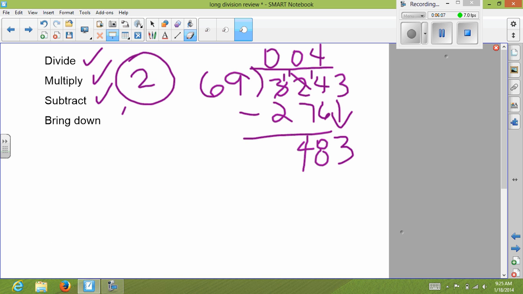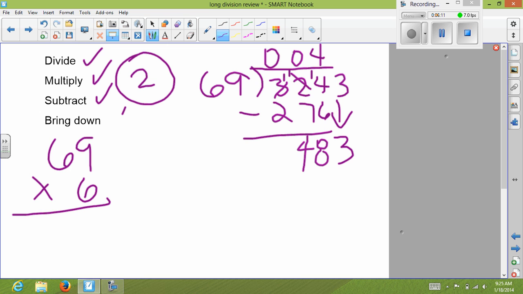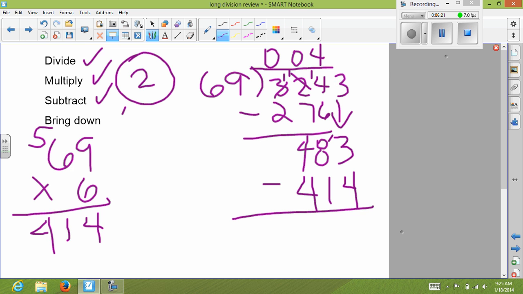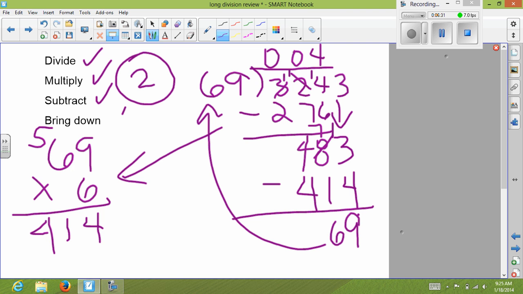So 69 times 6, that's 54. 36 plus 5 is 41. So 414. And I subtract. And I get 9 and 6. Uh-oh. Because these guys match, I know that that's not big enough. So 6 wasn't big enough, so I'm going to have to go with 7.